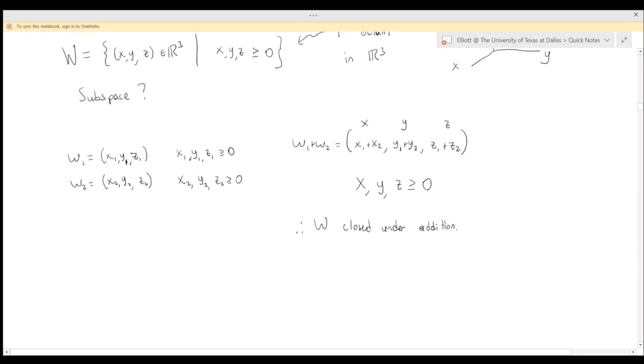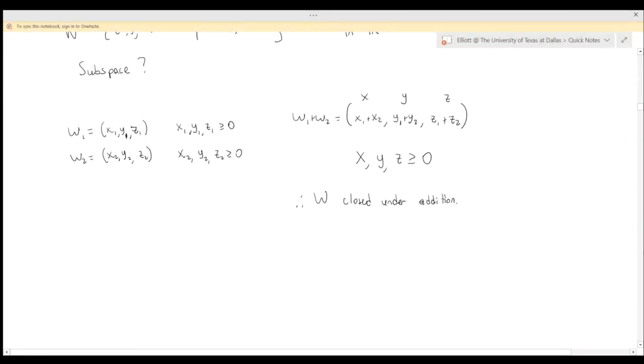All right, but then if you also want to check if it's closed under scalar multiplication, imagine we take the vector W1. Again, all of its coordinates are non-negative. But what happens when we multiply it by a scalar?